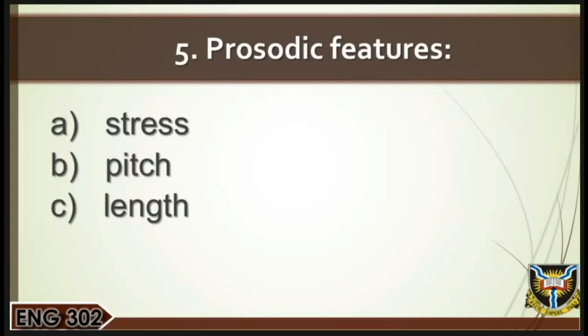Now, let us discuss the place of articulation features. These are determined by the place where particular sounds are articulated. This may take place at the lips, the teeth, the palato-alveolar region, the alveolar region, or the velar region.